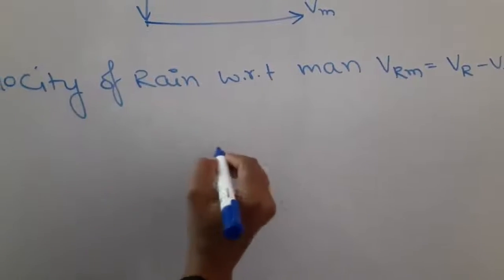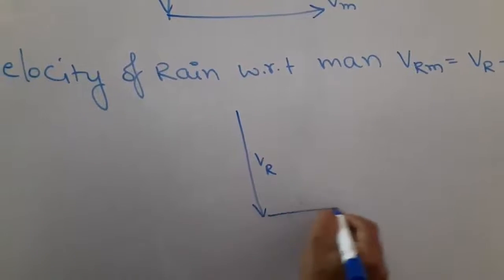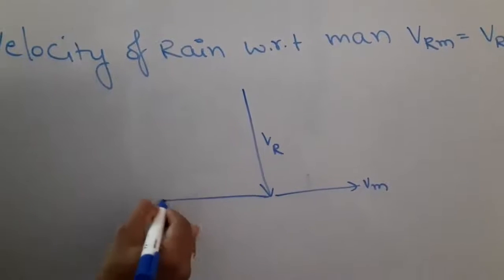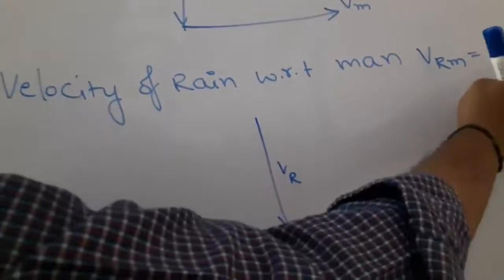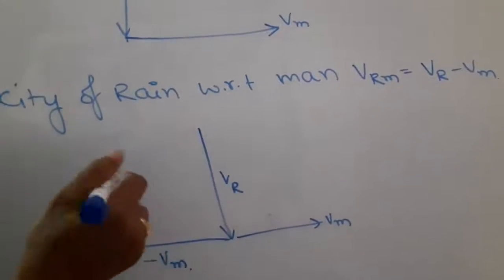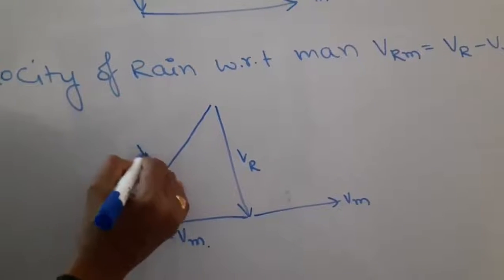Now we can draw the diagram. This is the velocity of the rain. This is Vm. Next, minus Vm. So this is the first vector. Next, the negative vector of the second one. The resultant is closing the triangle taken in reverse order. This is VRM.